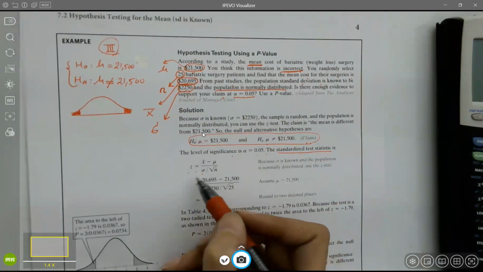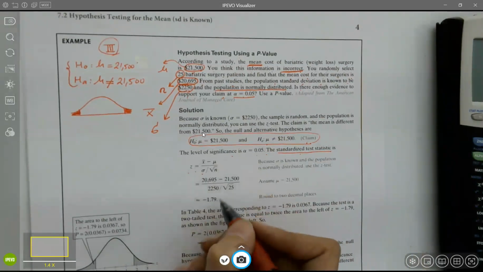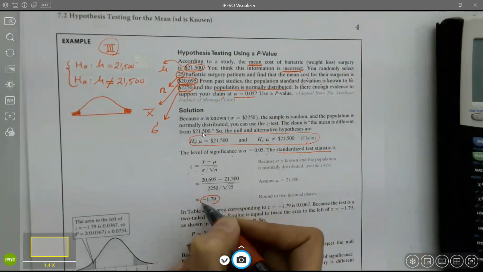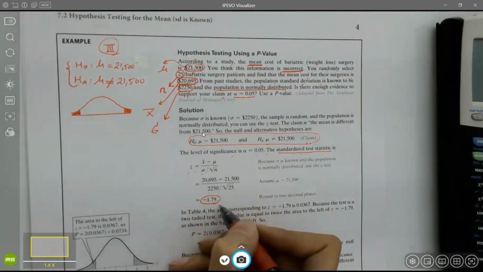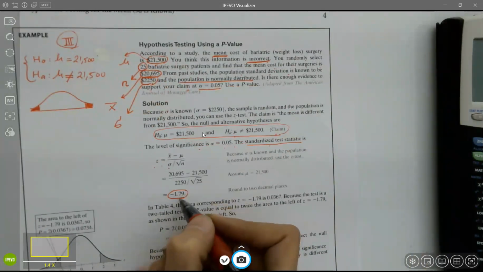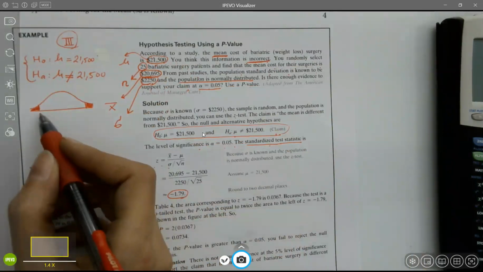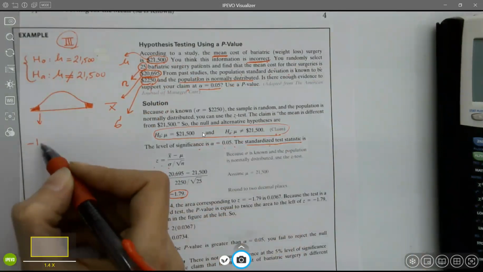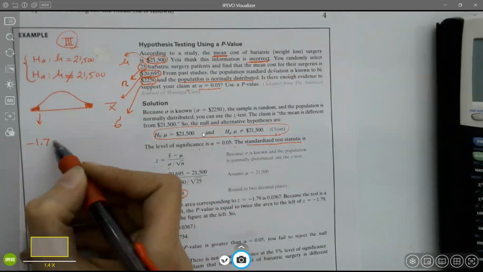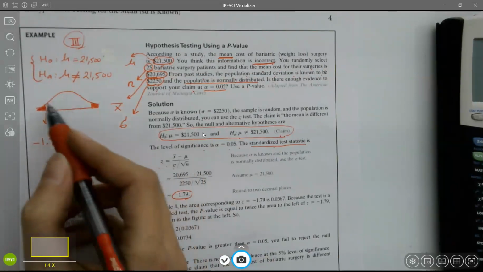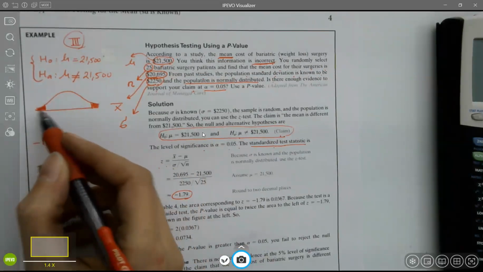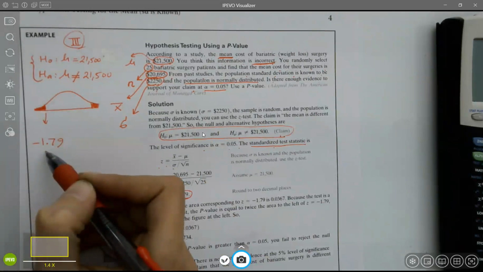As we did these calculations, we got z almost negative 1.79. You want to find the area to the left side of z.